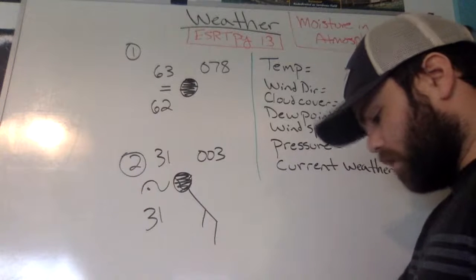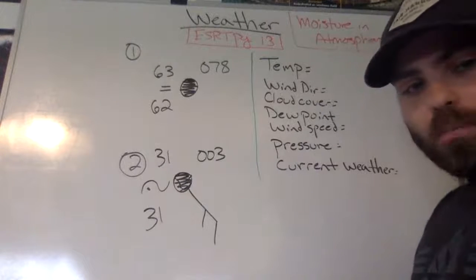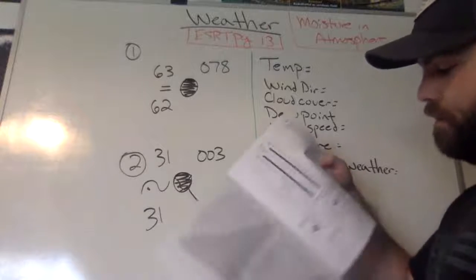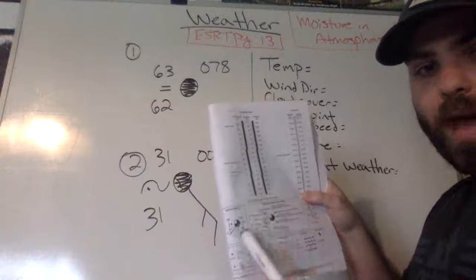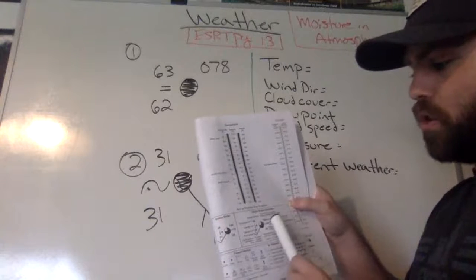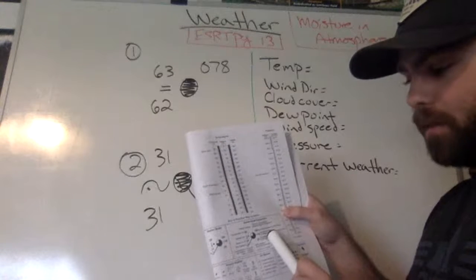If you're looking at page 13, you'll see that it breaks up the station models into different areas. For the first part, it shows you what a station model looks like. This is how it's going to look on any map that we look at in the future. Then it shows you what all of those symbols mean next to the station model.